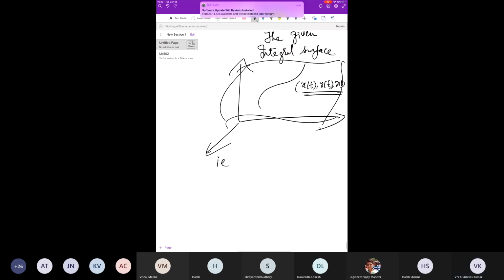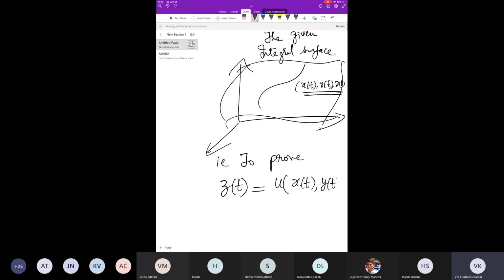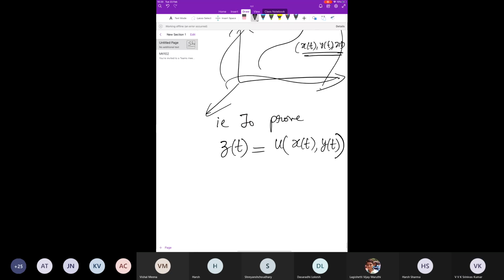That is, to prove z(t) is equal to u(x(t), y(t)). Now the proof.